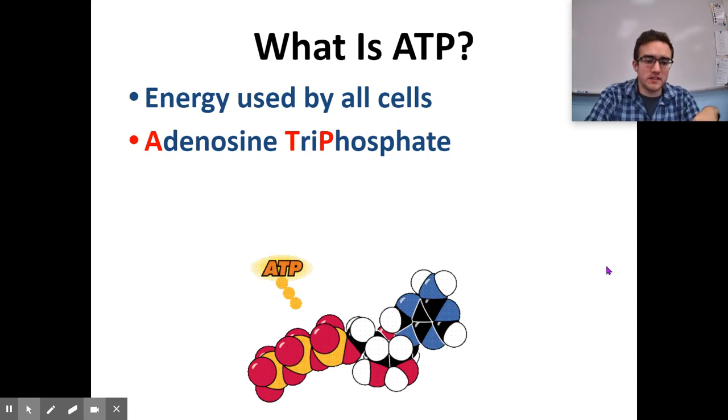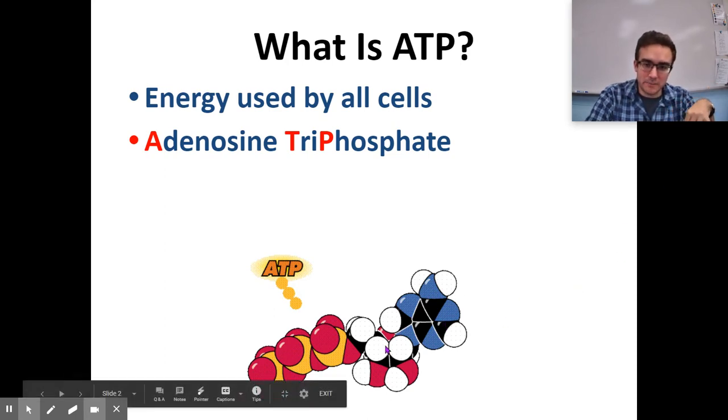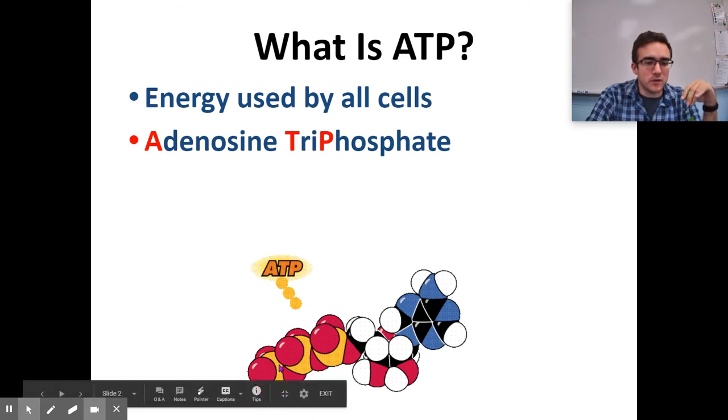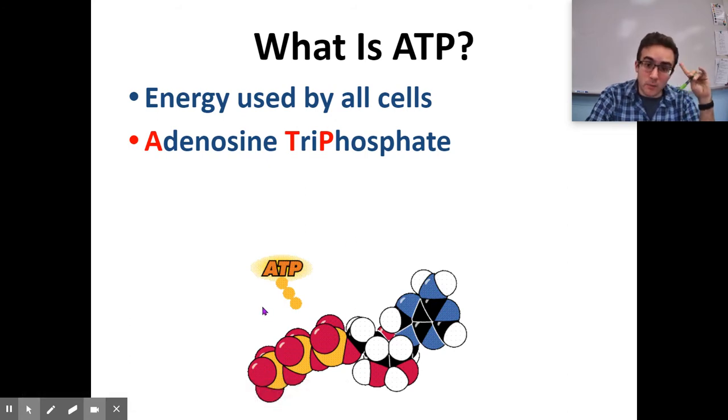This is a space filling diagram, which is more what it actually looks like inside your body, but I'll show you a simplified version. Adenine is a nitrogen base, with a triphosphate, with 3 phosphate groups. So I hope you see where I'm going with this. It's adenine triphosphate.